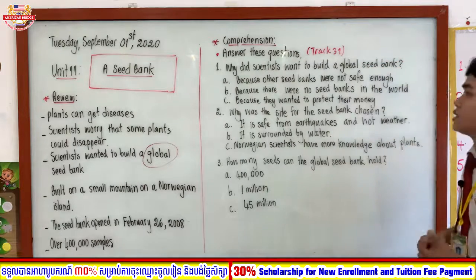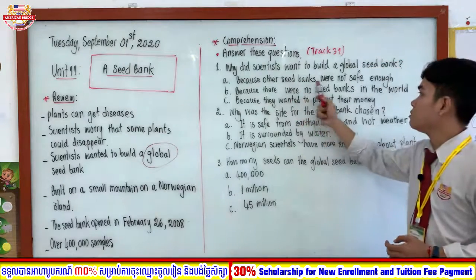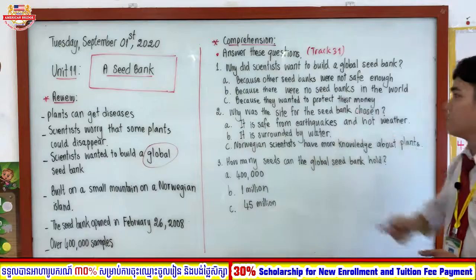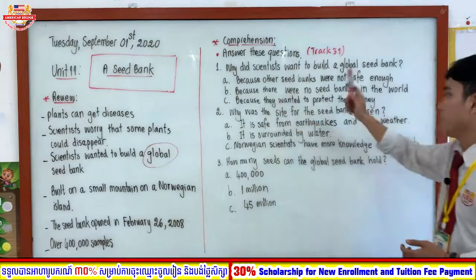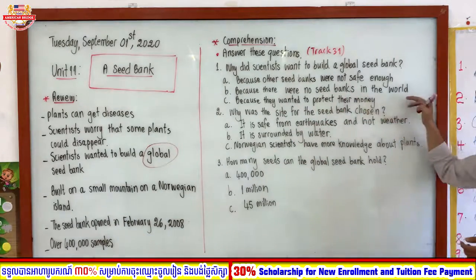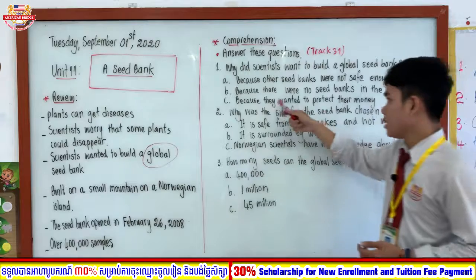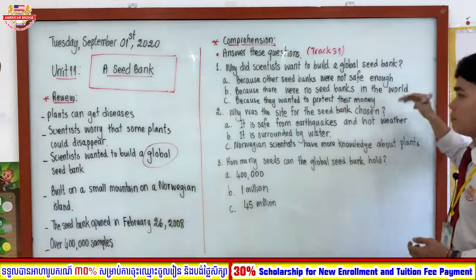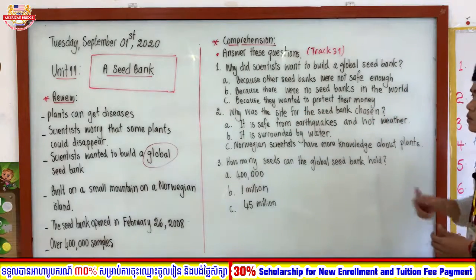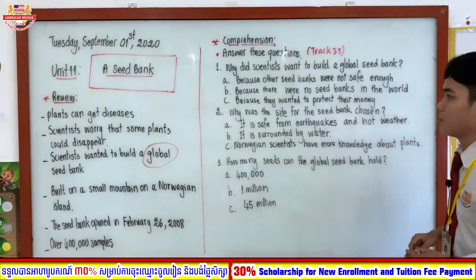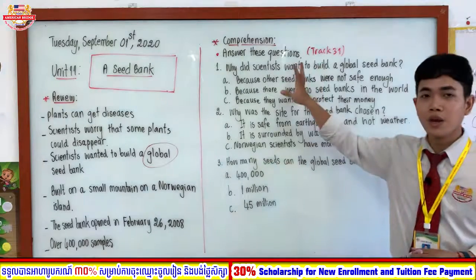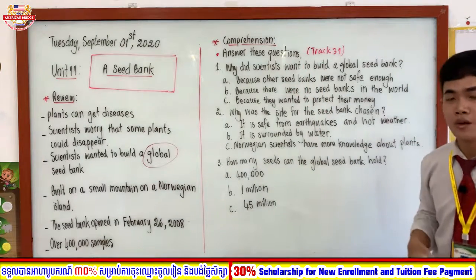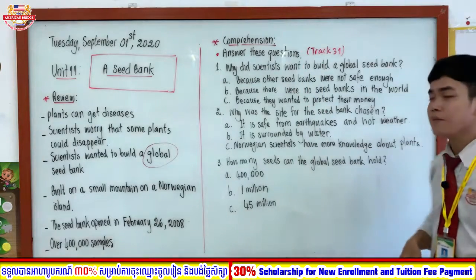We have three answers. A, because other seed banks were not safe enough. B, because there were no seed banks in the world. C, because they wanted to protect the money. Which one do you think must be the correct answer for question 1, everyone? As you also heard from the listening already.